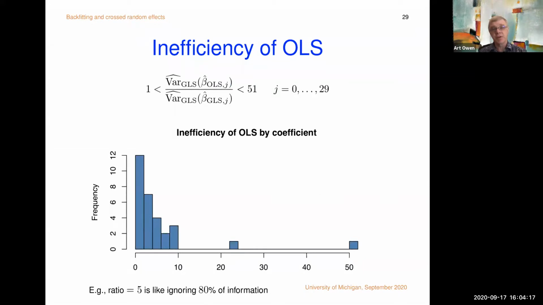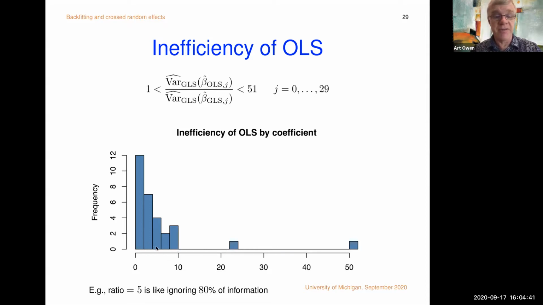Okay, I told you that ordinary least squares is inefficient. What does that mean? Well, here's the variance that you would get for ordinary least squares for variable j. And here's the variance you could have got if you did generalized least squares. And so you're getting more variance, almost 50 times as much variance in some cases. And so here's a histogram of those variance ratios.